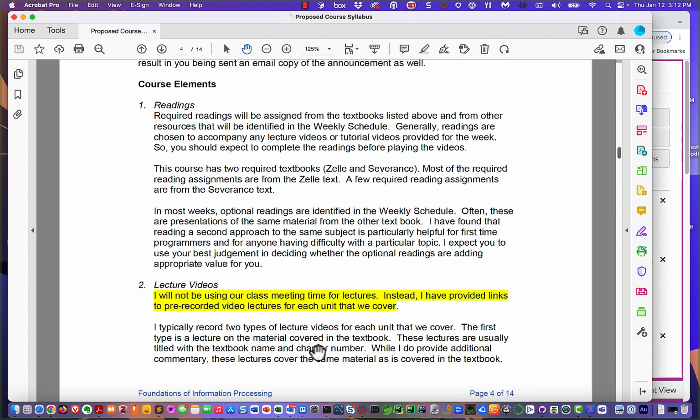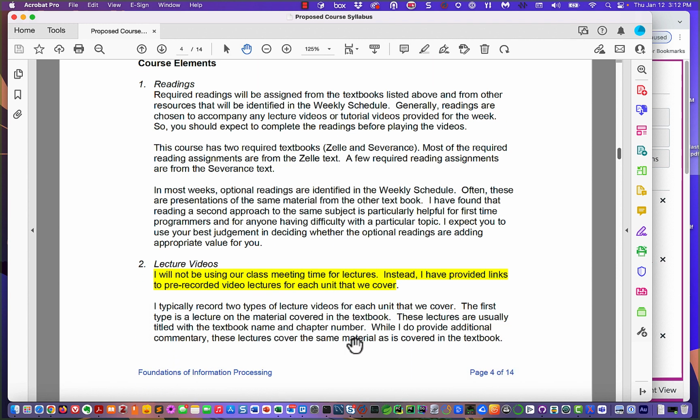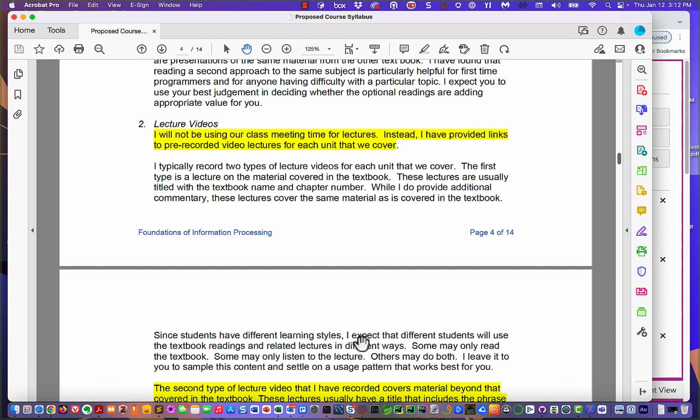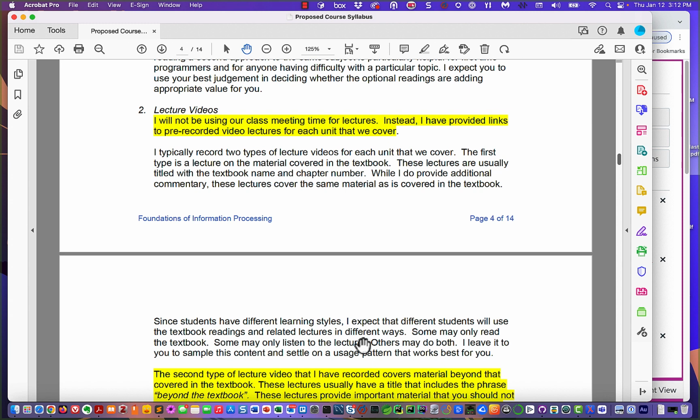The lecture videos actually fall into two types. I'm not going to be lecturing in class, so if you want to get a lecture, you've got to play the videos. The normal lecture for the book chapter is going to be pretty parallel to the reading.